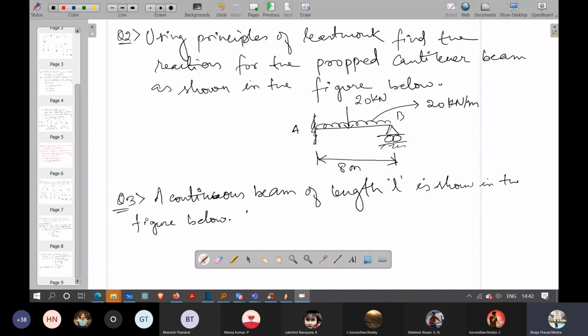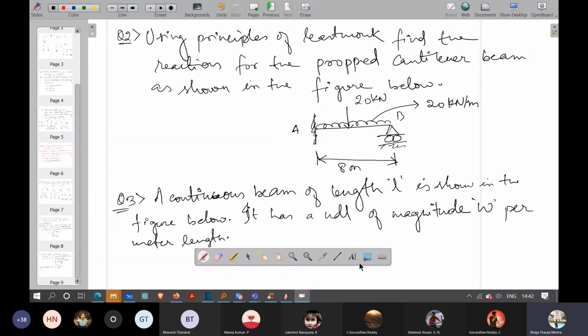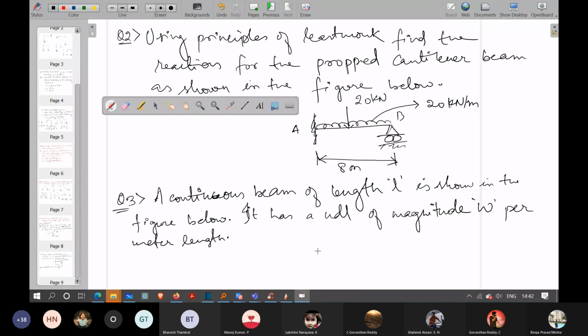It has a UDL of magnitude W per meter length over the whole span.